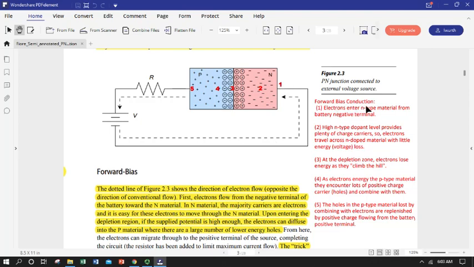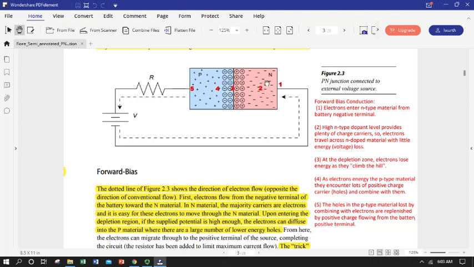Electrons are going to enter the N-type material from the battery negative terminal. This side's going to be negatively charged. Negative is repelled by negative, so the majority charge carrier is going to scoot across the N-type material towards the interface.